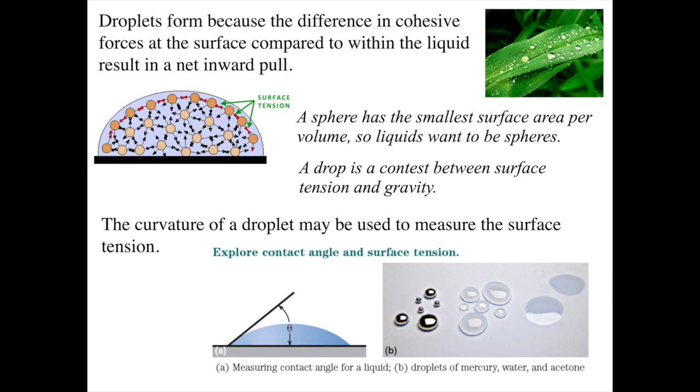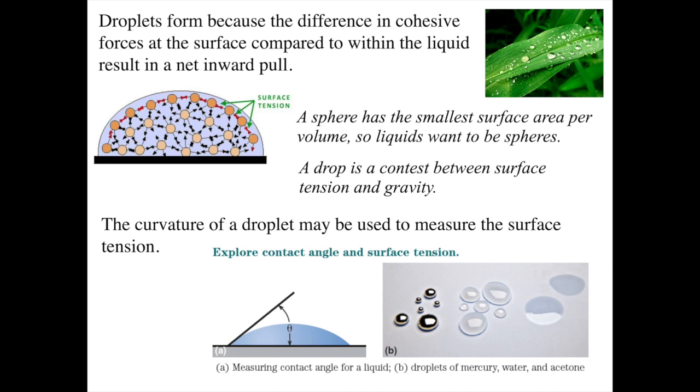Another manifestation of surface tension is droplets. So a droplet forms because we have cohesive forces within the liquid, adhesive forces causing a surface tension, and the nature of that surface tension is for the water molecules, or whatever liquid it is, to want to minimize the surface area.